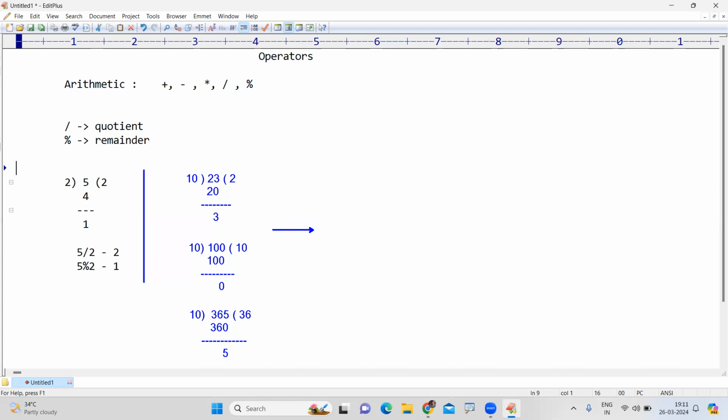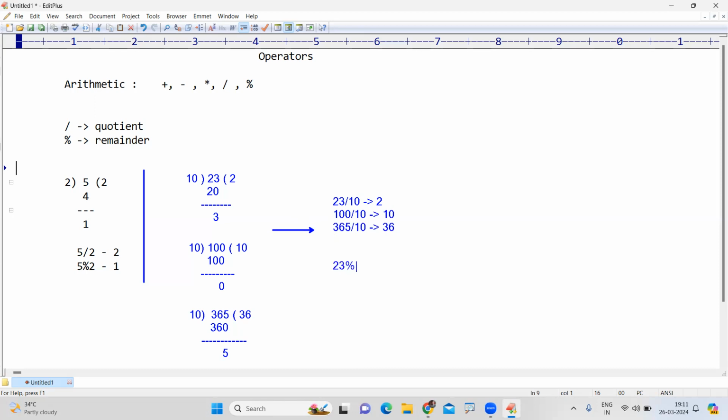So based on that, a few examples. 23 by 10, output is 2. 100 by 10, output is 10. 365 by 10, value is 36.